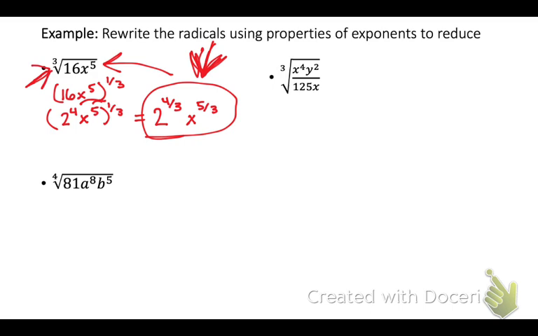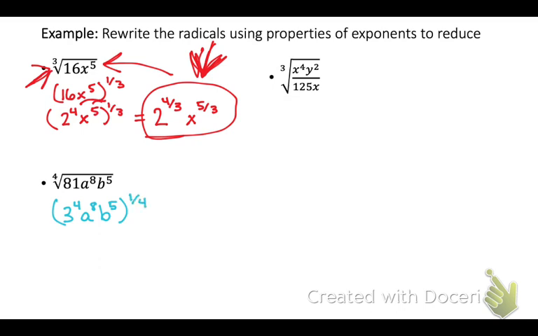Can we try the bottom one before the next one? Okay. So what do you want to do first? Well, 81, we should write it as what? 3 to the 4th. Good job. So 3 to the 4th, A to the 8th, B to the 5th, all to the 1/4.